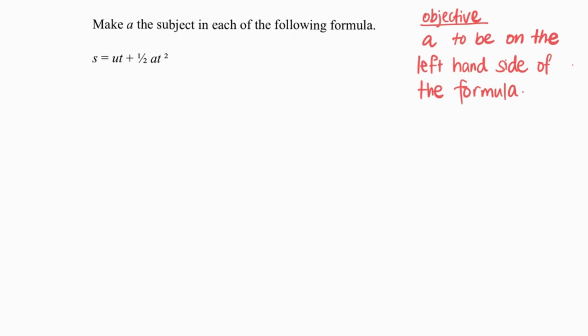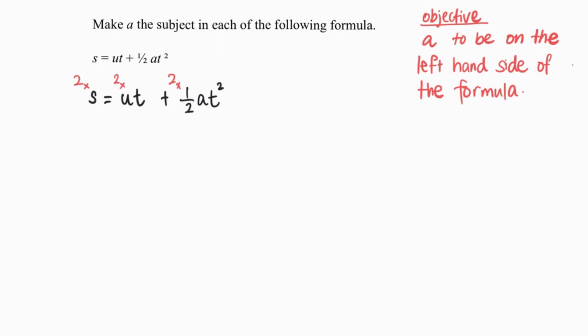So since I see a half there, I usually like to just rewrite it, and I usually don't like the fraction there, so what I'm going to do is to times 2 throughout the equation, so that 2 times half is 1.